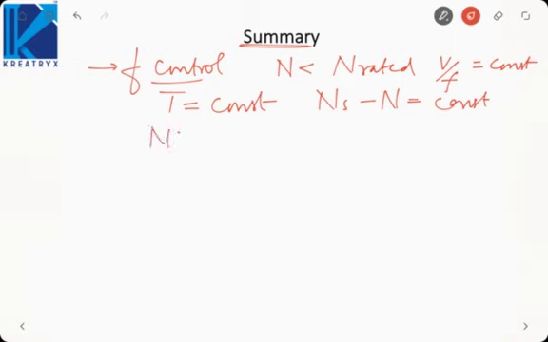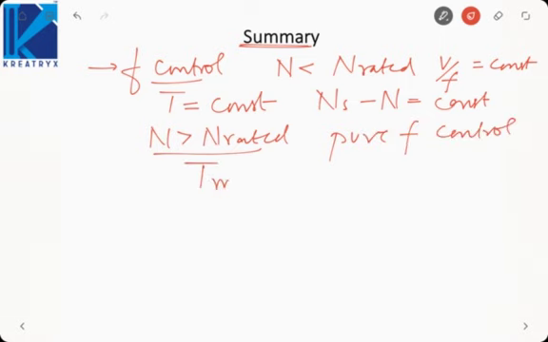For N greater than rated speed, only frequency is varied, that is pure frequency control. Here maximum torque was proportional to frequency square, starting torque was proportional to frequency cube. So as frequency increases, starting torque as well as maximum torque decreases, and load torque is not constant.